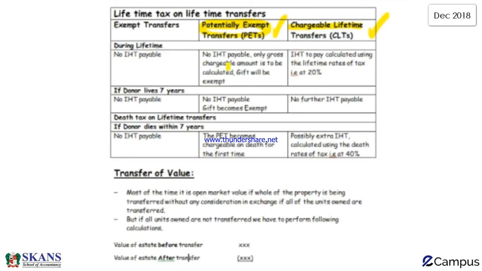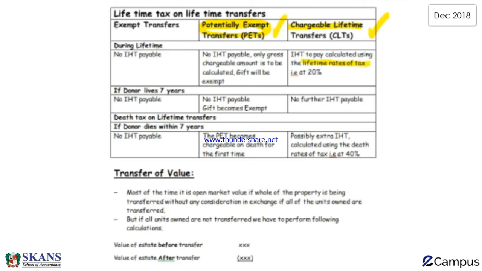So PETs do not attract any lifetime taxes, but CLTs are those on which we calculate lifetime tax using lifetime rates, which are usually 20%. So in the lifetime we will only be calculating tax on CLTs but not PETs.